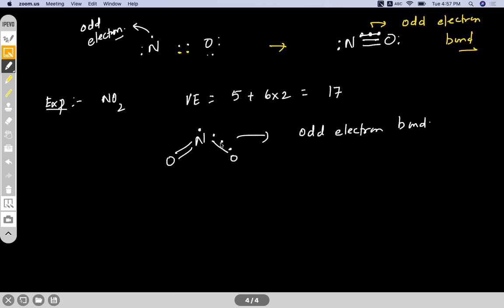Tell me. An odd electron bond always contributes half bond order. So we always have 0.5 when the molecule has an odd electron bond. Understood, guys?